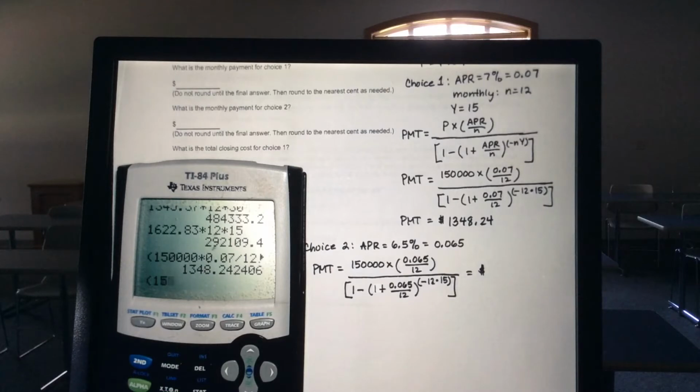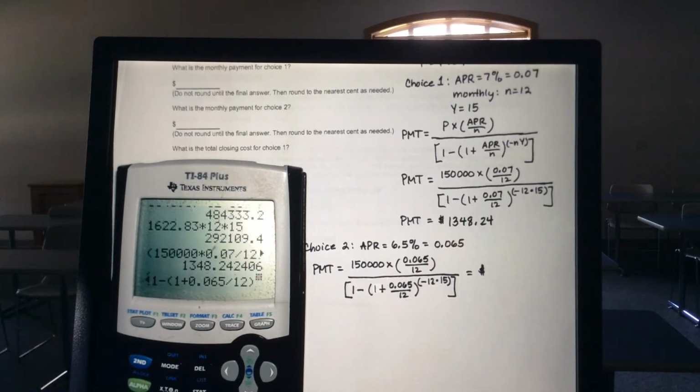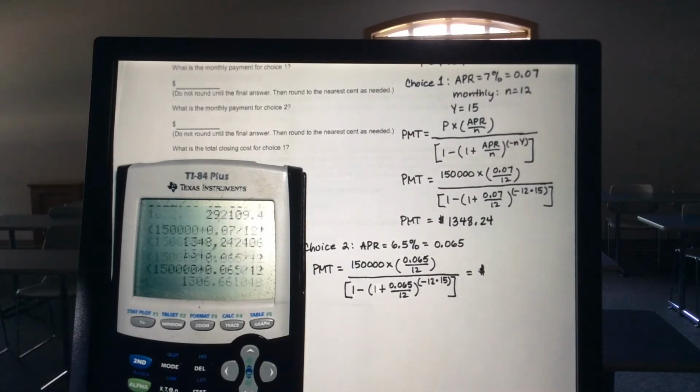So now, left parentheses 150,000 times 0.065 divided by 12, close parentheses, then that's divided by left parentheses, 1 minus left parentheses, 1 plus 0.065 divided by 12, close parentheses, press the hat key, then negative 12 times 15, right arrow to get out of it, close parentheses, hit enter.